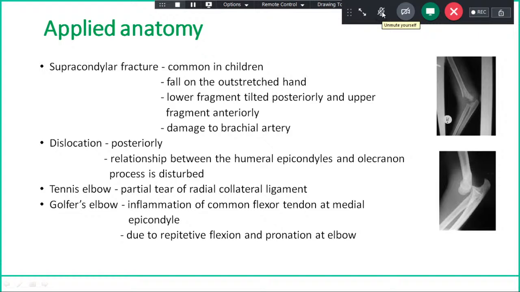So this is the relationship which clinicians examine in order to see whether the elbow is in its proper position or dislocated. So an orthopedic surgeon will look for this relationship, right? So in elbow dislocation, this will obviously be disturbed. Can you feel it, all of you? Anybody please respond? Can you palpate the olecranon in between the two epicondyles?